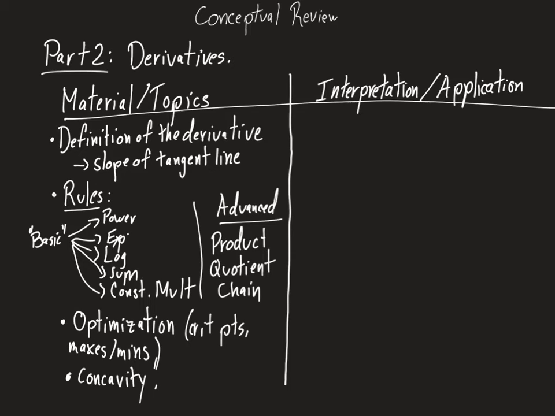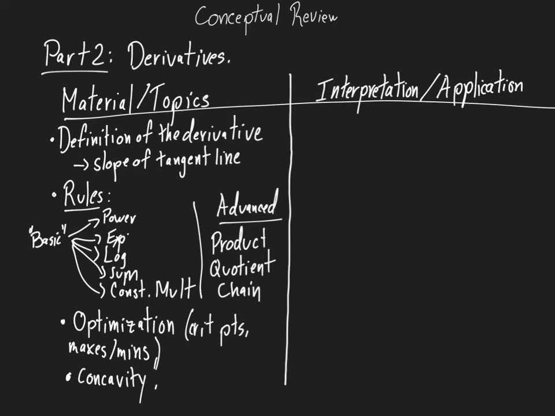So this is a very, very sort of high-flying overview. And the reason why I'm doing a very high-flying overview here is that, like I mentioned when I was going over everything from part 1, the reason why we went over power functions, exponential functions, linear functions, log functions, polynomial functions, the reason why we went over function composition, is that all of those things ended up corresponding to rules that we needed to go over for finding derivatives.